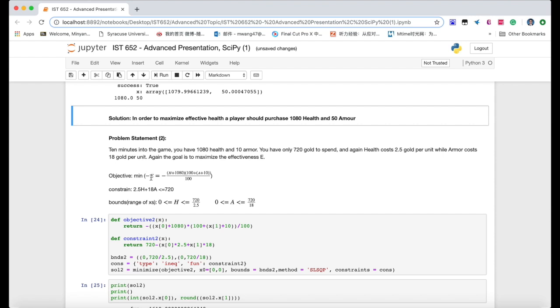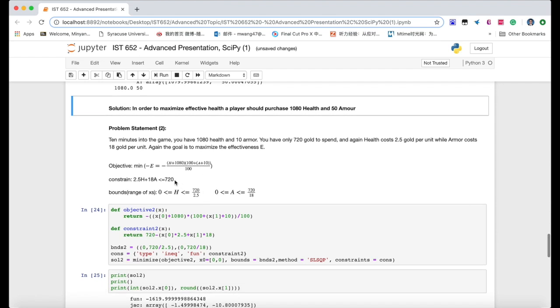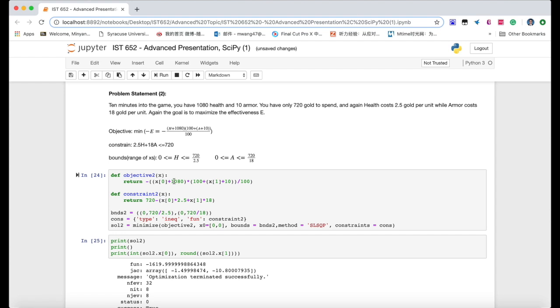effective health. But since we already have 1080 health and 10 armor, we need to add them to the H and A. Also, the constraint changes because we have less money to spend. So does the range. We need to add the initial health and the initial armor to the objective function, and we also need to change the constraint from 3600 to 720.